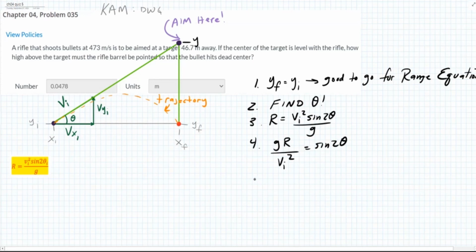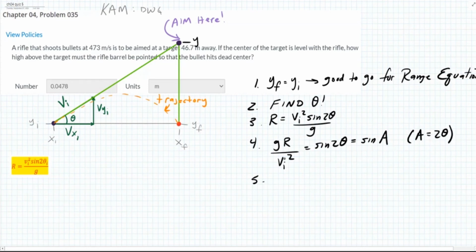Or I can just say equals sine of angle A, where A equals 2 times theta.